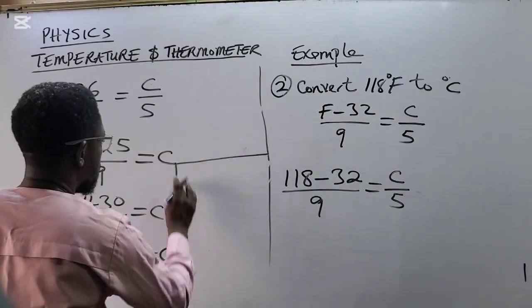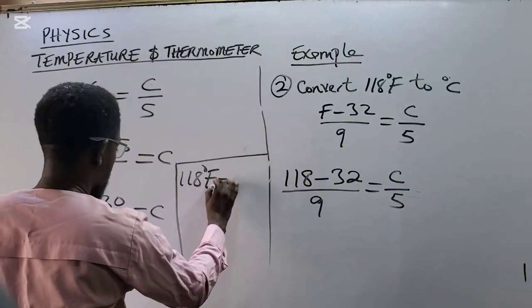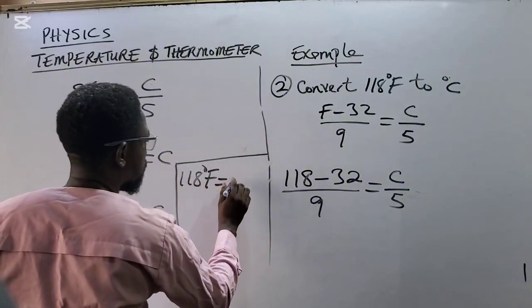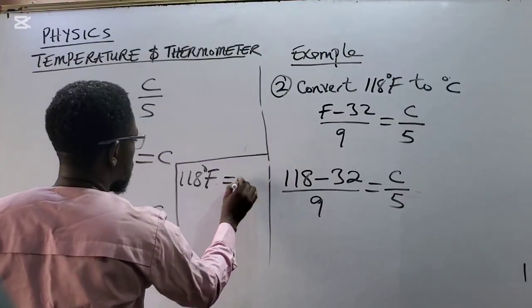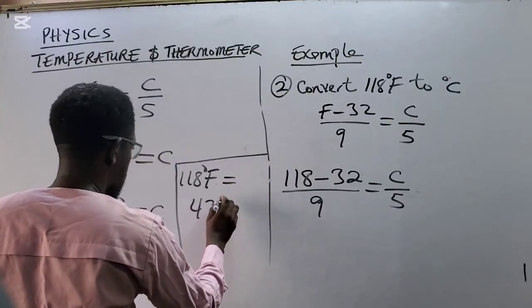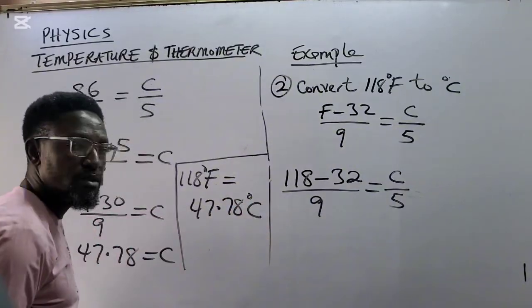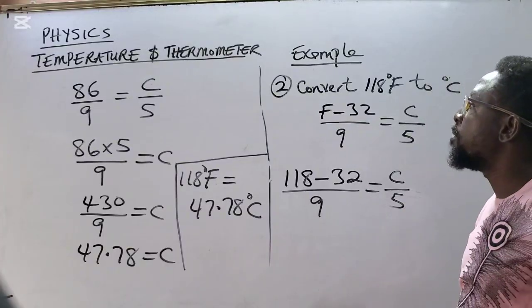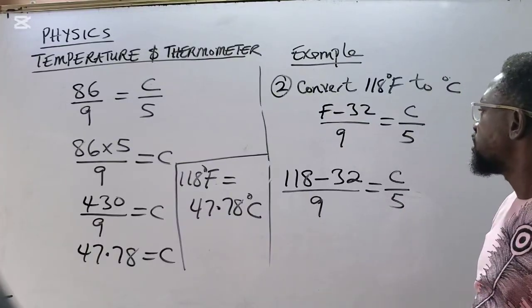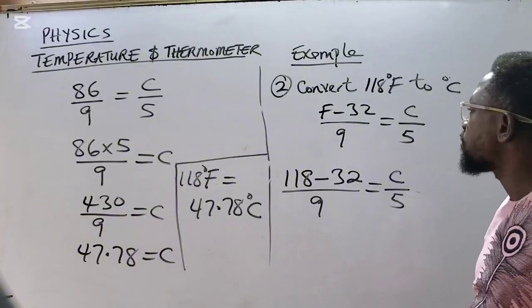So that means that 118 degree F is equal to 47.78 degree C. So that's how you do that conversion from degree C to Fahrenheit, or from Fahrenheit to degree C.